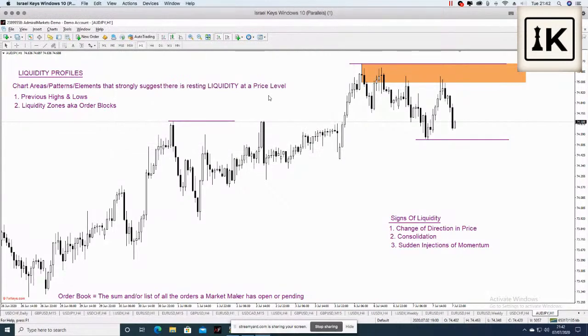So an order block is a liquidity zone that tells us that a market maker placed orders there. That's what it is. It's a block in which there are orders.